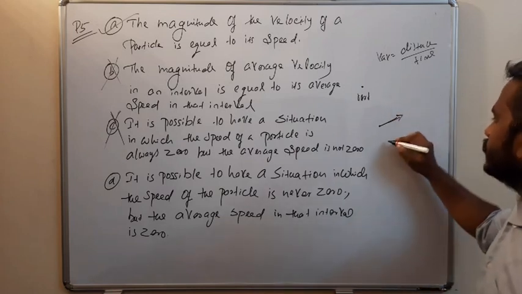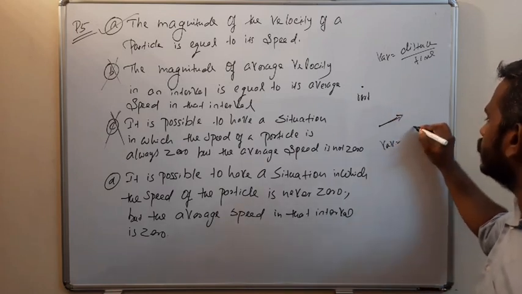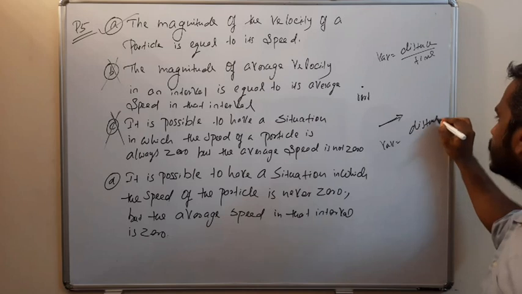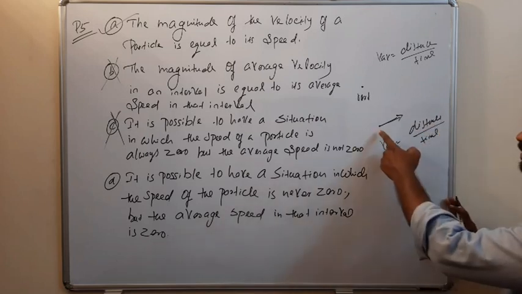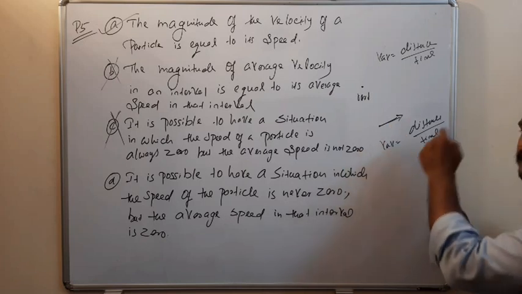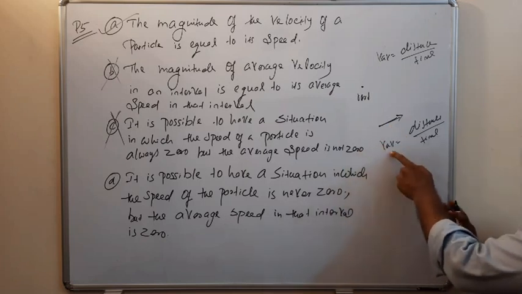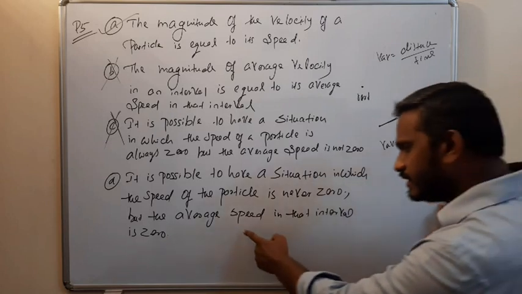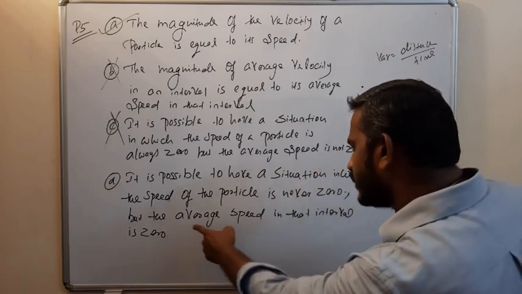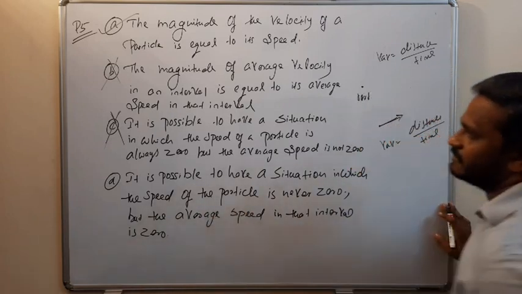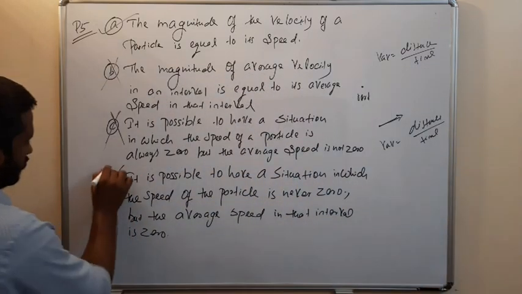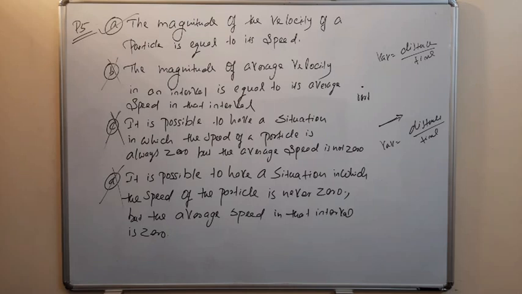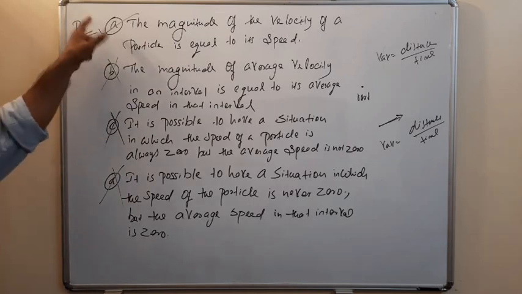Average speed is equal to distance by time. It has an average velocity. An object moving with a certain velocity must have average velocity. But here it says the average speed in that interval is zero. So that's why this statement is also wrong. So the first statement only is correct.